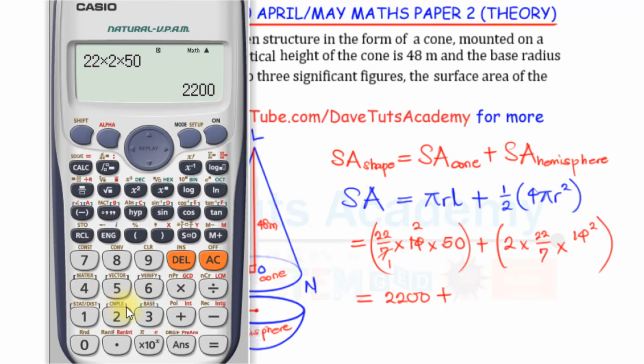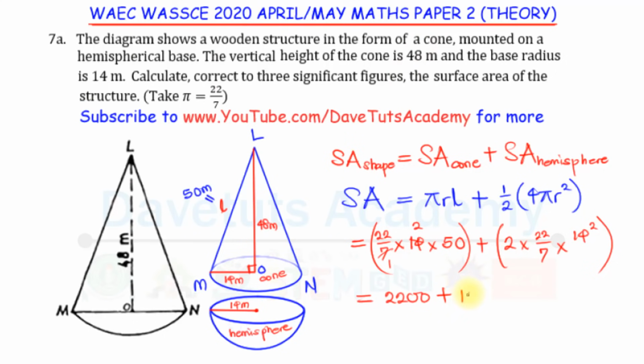No problem. I can just say 2 times 22 times 14 raised to the power 2 divided by 7. That's 1,232, which happens to be the surface area of the hemisphere. Now 2,200 is the surface area of the cone, and 1,232 is the surface area of the hemisphere.